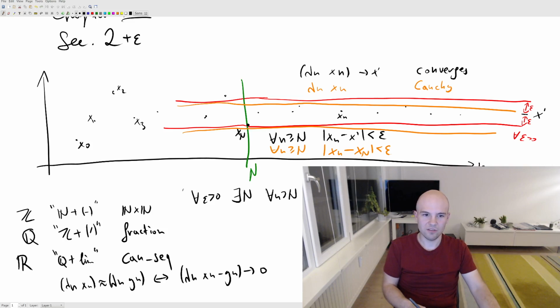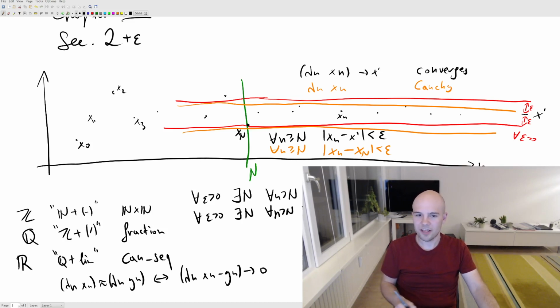So this is all equivalent to Cauchy sequence. And another one is that for all epsilon greater 0, there exists an N such that for all n greater N and for all m greater N, x_n minus x_m is less than epsilon.